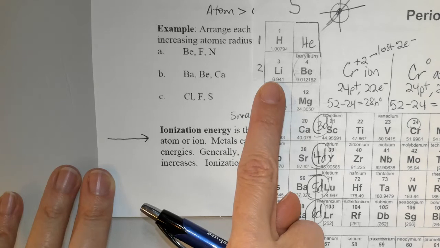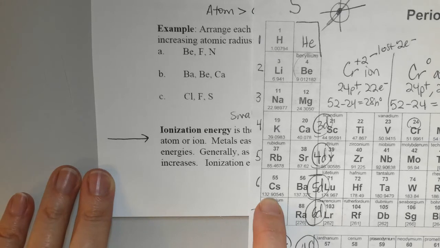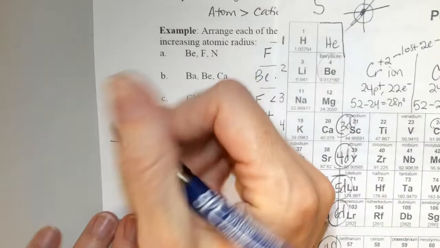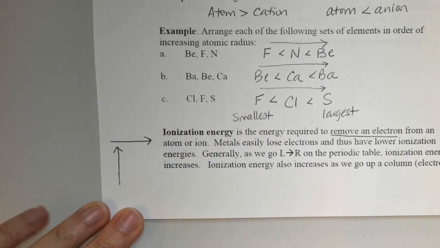It's in the 2nd shell, whereas with cesium, it's in the 6th shell. That means there's a lot of what's called shielding. There's a lot of electrons in the way. The electrons in the 6th shell, remember that's not as happy for the electron as being in the 2nd shell. So it's going to be easier to take away a 6s electron than a 2s. So that ionization energy, or the energy required to remove an electron, definitely increases as you go up a family.